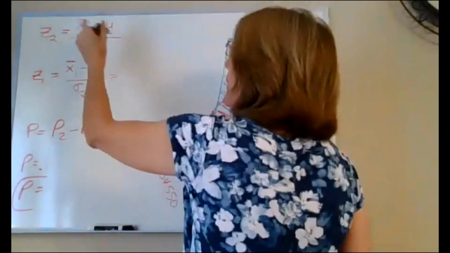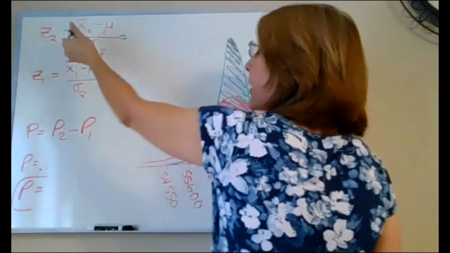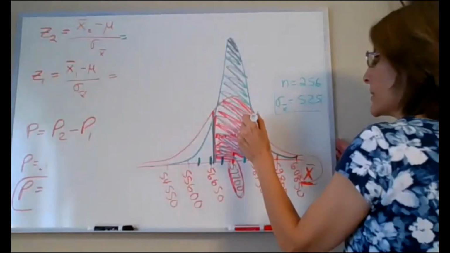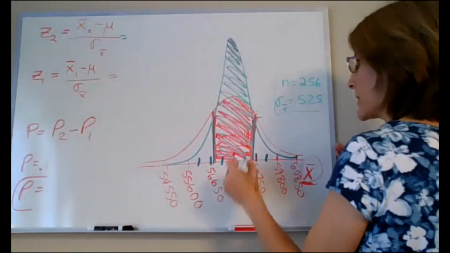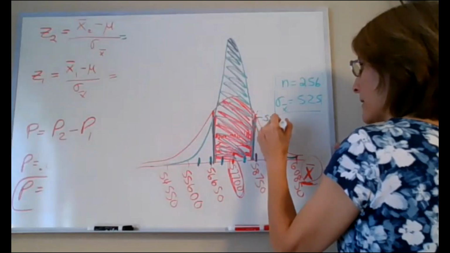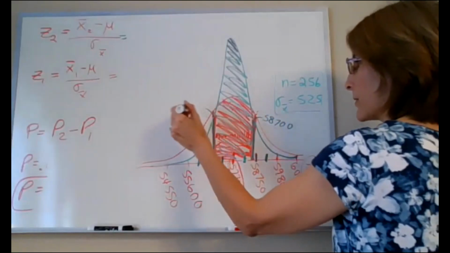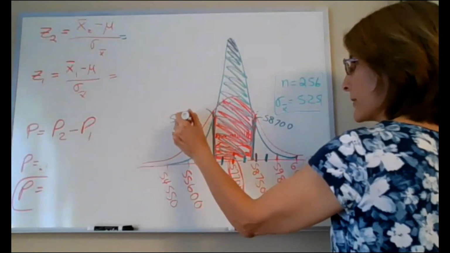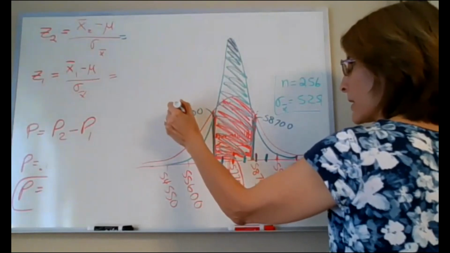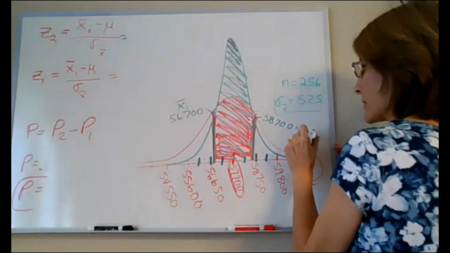So looking up here at our equation now, we're going to be like, okay, well, what's x2 bar? Well, it's still going to be right at the same spot, so it's going to be 58,700, right? And this spot right here is at 56,700. This is x1 bar, and this is x2 bar.